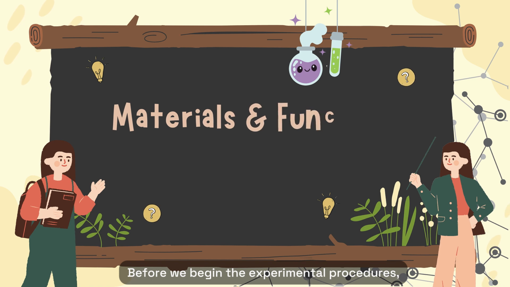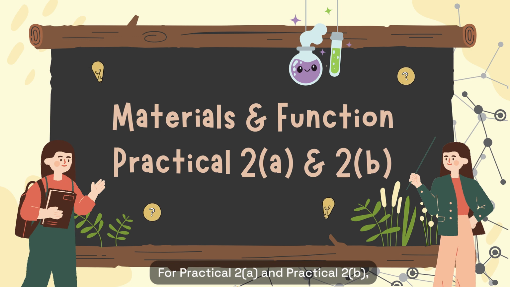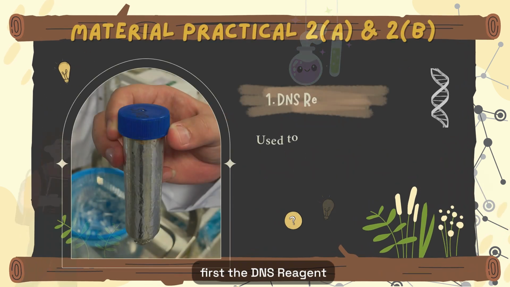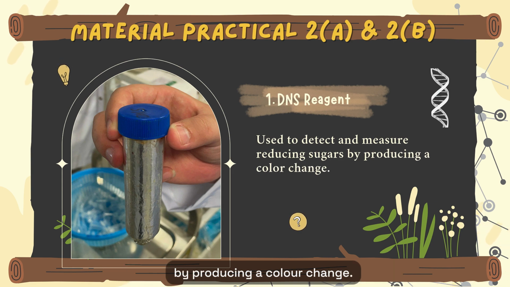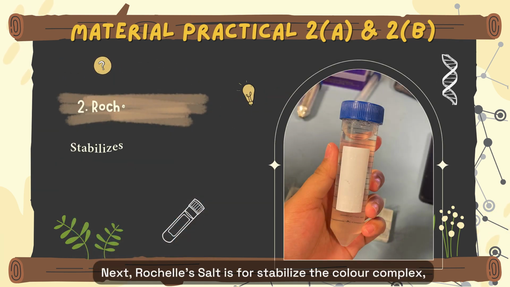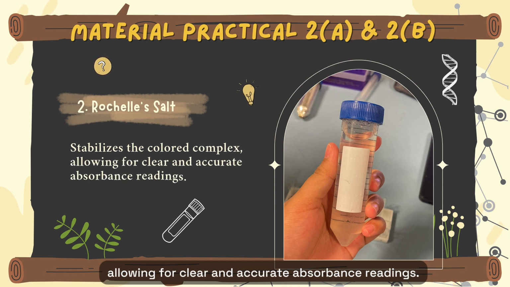Before we begin the experimental procedures, let's take a look at the materials and their functions for Practical 2A and Practical 2B. First, the DNS reagent is used to detect and measure reducing sugars by producing a color change. Next, Rochelle salt is used to stabilize the color complex, allowing for clear and accurate absorbance readings.